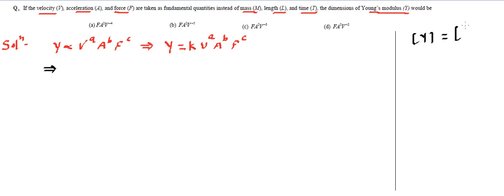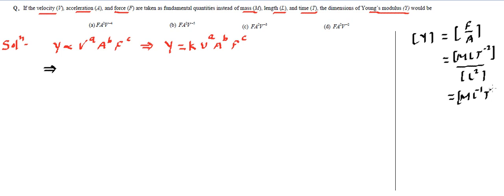Pressure is force per unit area. Force is M L T raised to power minus 2. That's how we write the force. And area is L square. If we simplify this, it converts into M L raised to power minus 1 T raised to power minus 2.